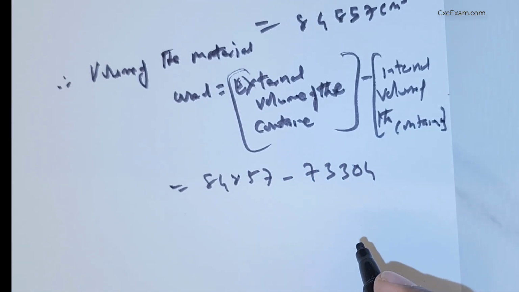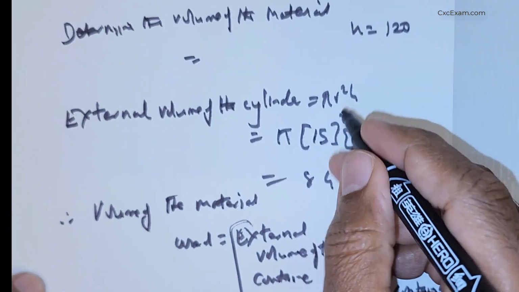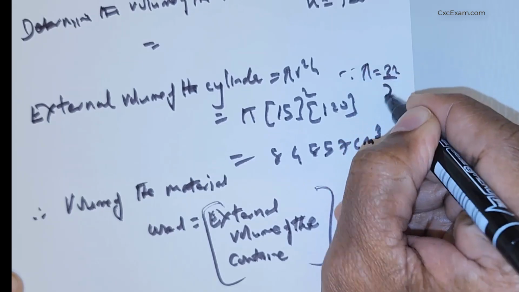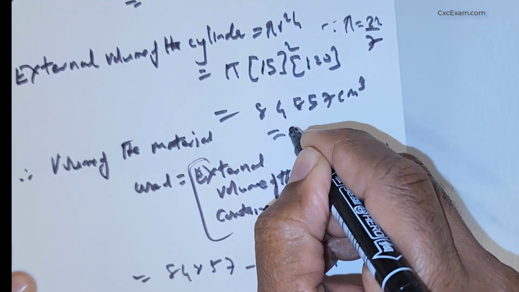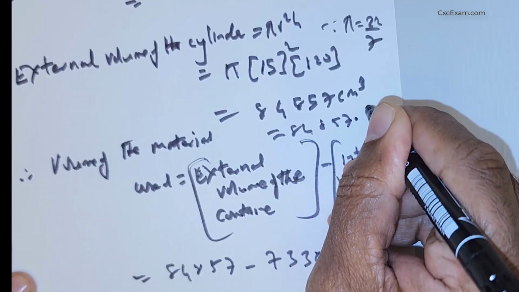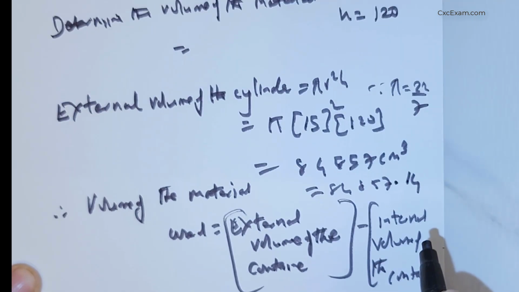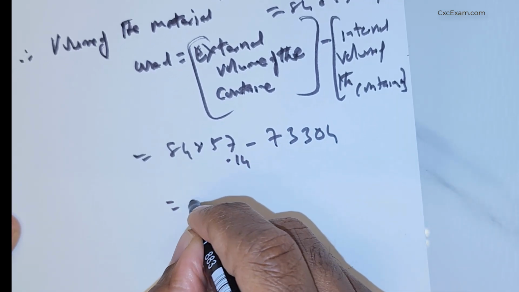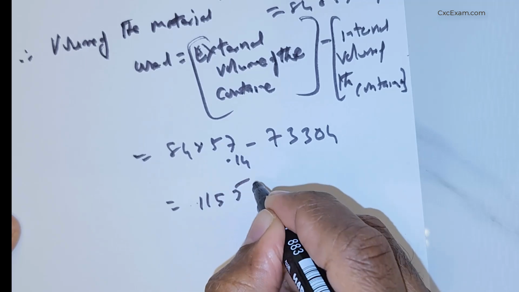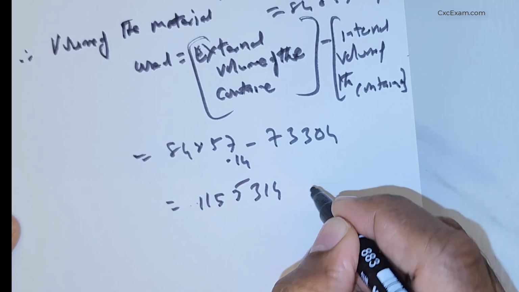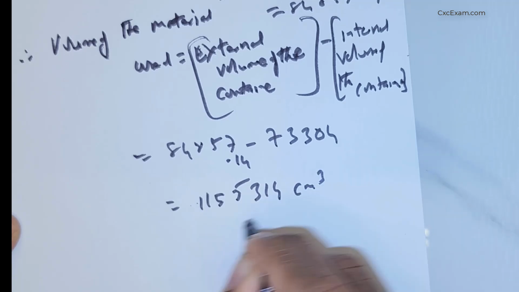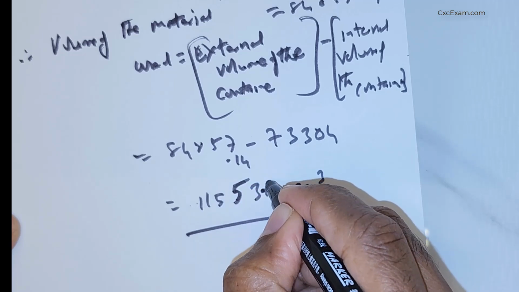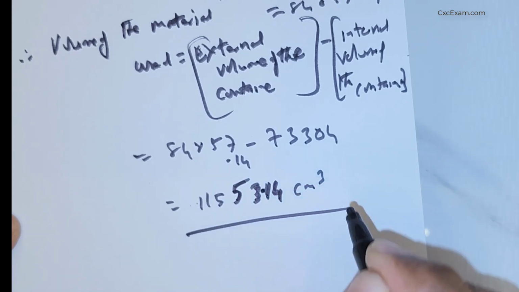In fact this has a decimal, because pi is equal to 22/7, so you have a value of 84857.14. So if you subtract these two, you get 11553.14 cm cubed. This has a decimal point, so if you're using calculators, you'll be able to get this easily.